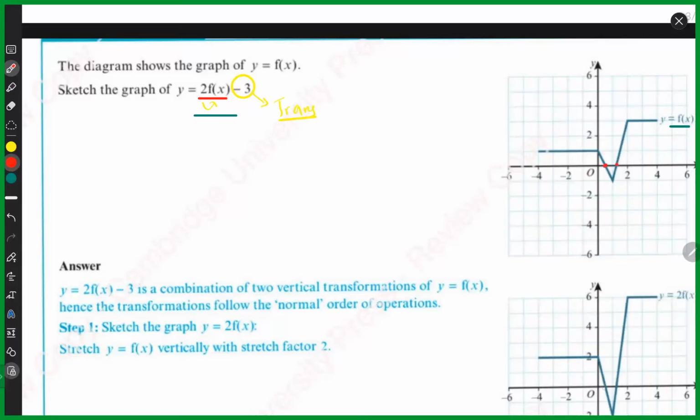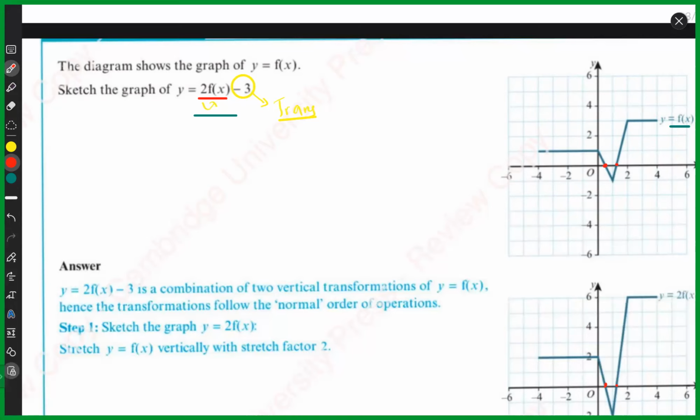Be very sure that these 2 points remain the same. Imagine that on these 2 points something is fixed on this graph, and then when you pull the graph, your graph would actually stretch. Other than these 2 points, every point would be multiplied by 2, like every y coordinate would be multiplied by 2, and your graph would become a modified version of how it was.